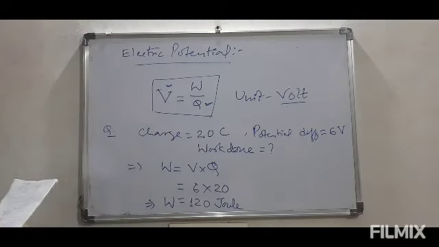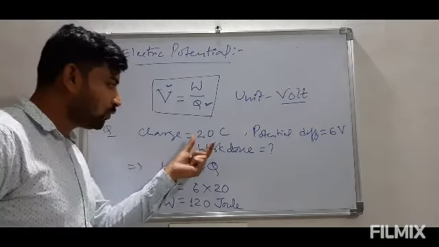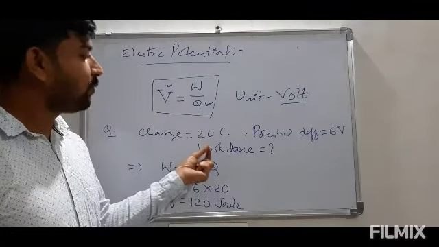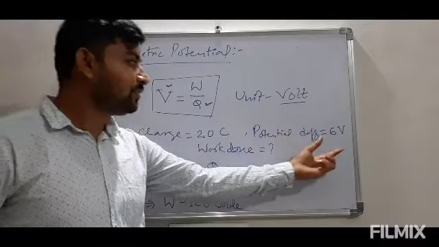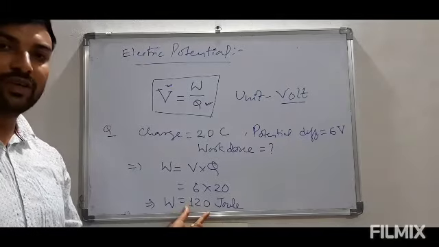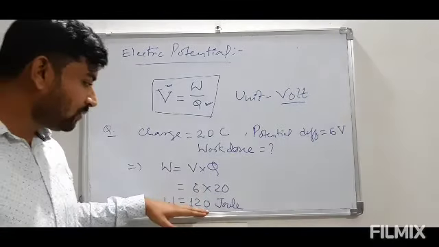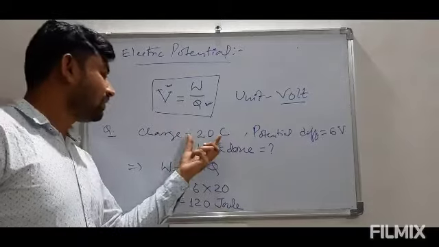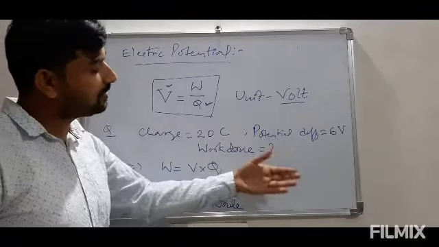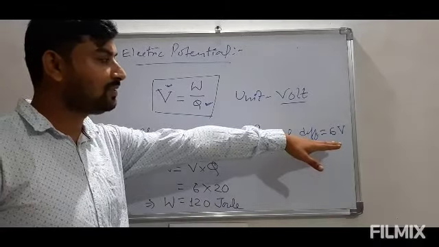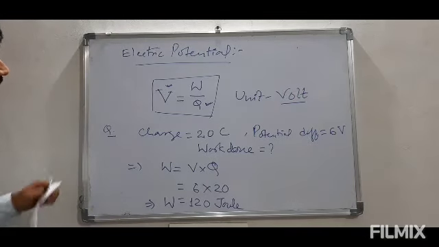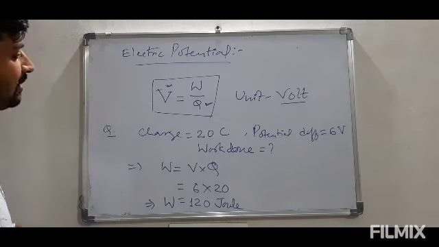When we want to move 20 coulomb of charge from one point to another in a circuit where there is a potential difference of 6 volt, then the work done will be 120 joule. If the work done is 120 joule, then 20 coulomb charge can be moved from one point to another if the potential difference is 6 volt. This is how we deal with the problems related to electric potential, right?